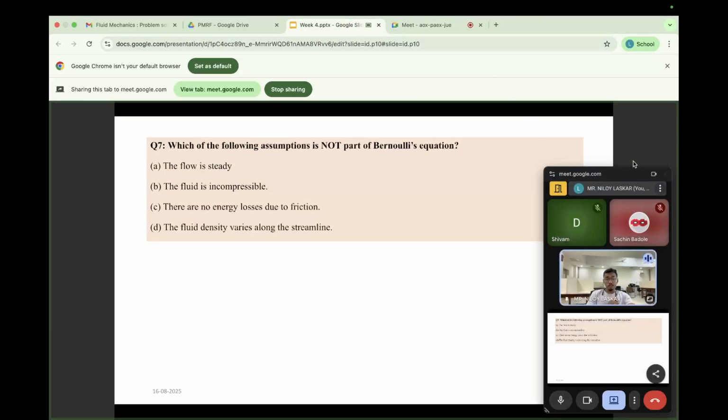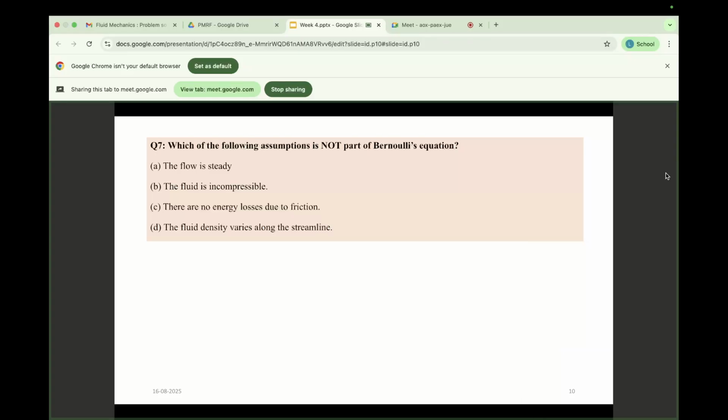So please remember these assumptions. I am writing them for you. Even in a BTech semester exam, these types of questions can come. The first assumption is that it should be a steady flow.